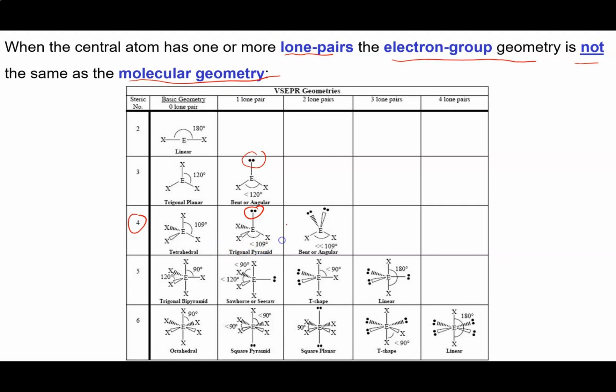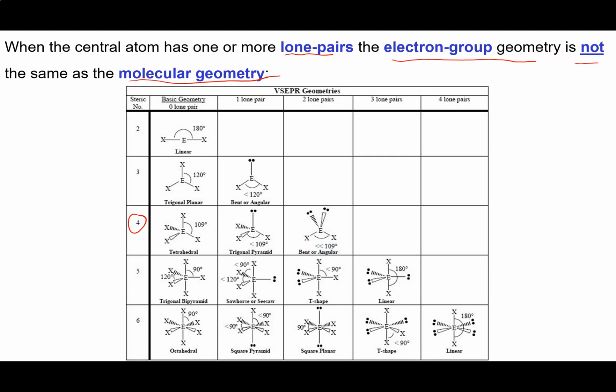And if we have 2 of our electron groups being lone pairs, then our molecular geometry is again bent or angular. So there is more than one way of arriving at a bent or angular geometry, and it can be quite important to specify the bond angle to make it clear exactly what you are referring to.